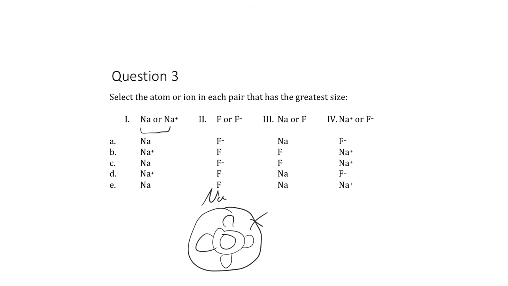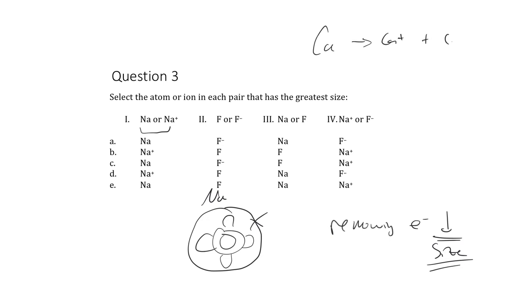So if you take electrons away, we're going to decrease the size of that ion compared to the atom. And this is true for anything too. If you go from calcium to calcium plus to calcium 2 plus, you're decreasing the size each step of the way. So calcium 2 plus is smaller than calcium plus, which is smaller than calcium.